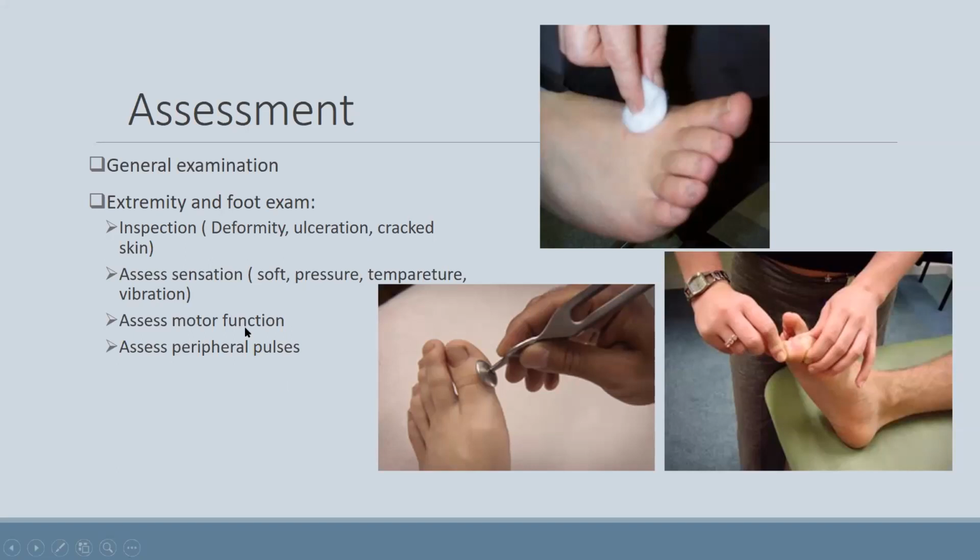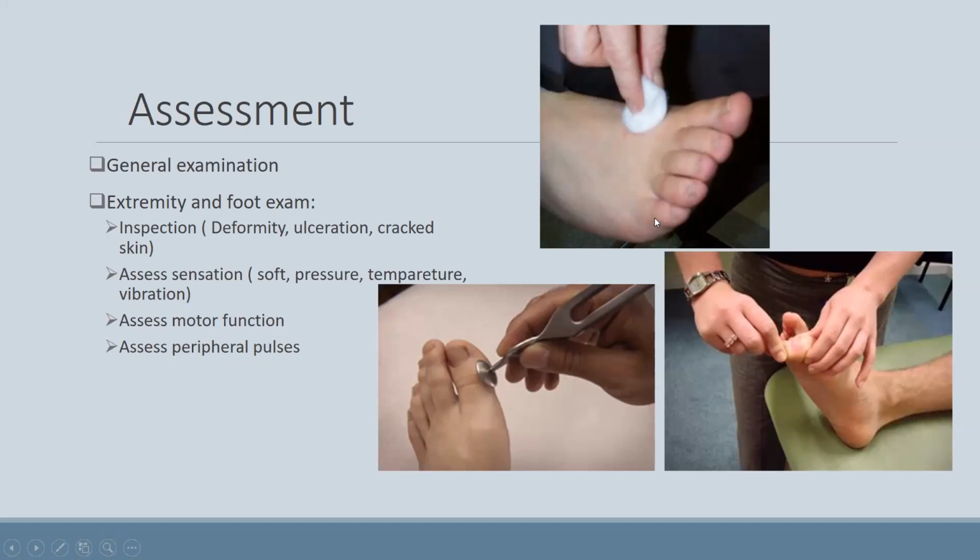Assess the motor function, and assess as well the peripheral pulses. Something I forgot to include here, which is demonstrated in this picture, is that you also need to assess the patient for proprioception. What is that? This is assessing the patient's ability to sense where their body part is, meaning that you ask the patient to close their eyes and then move their toes, and ask them, where is your big toe pointing now?